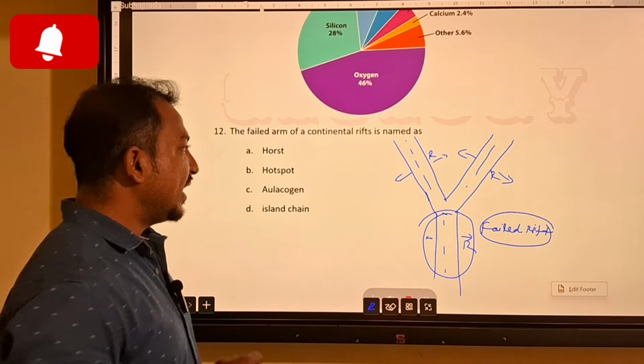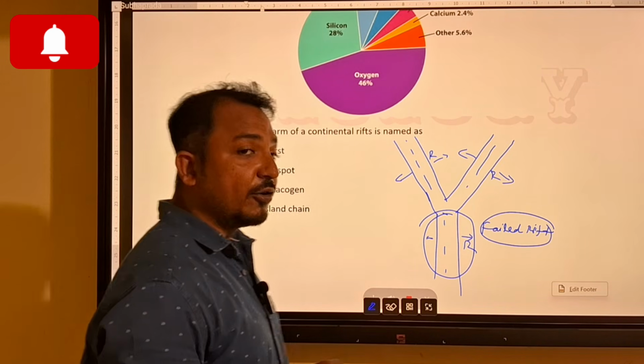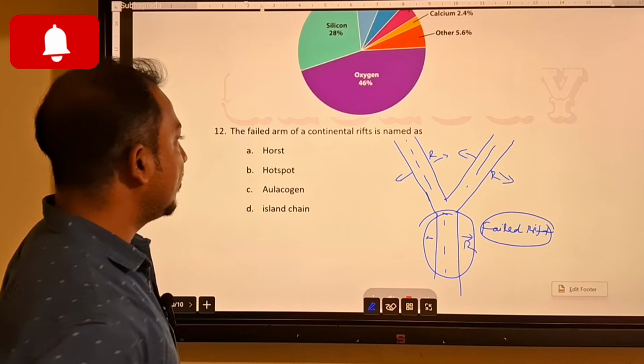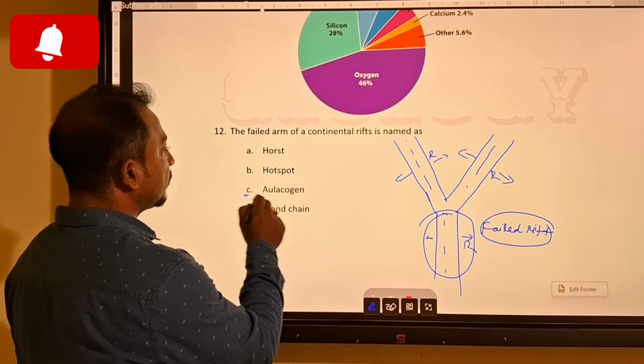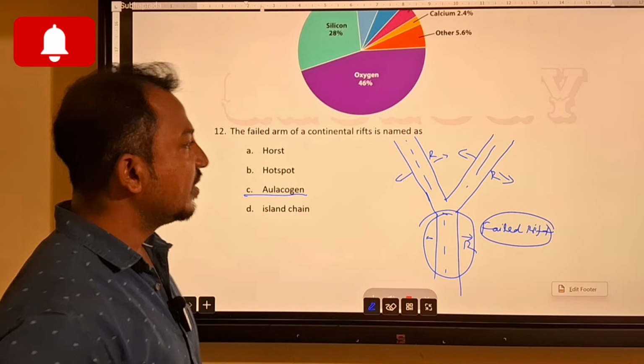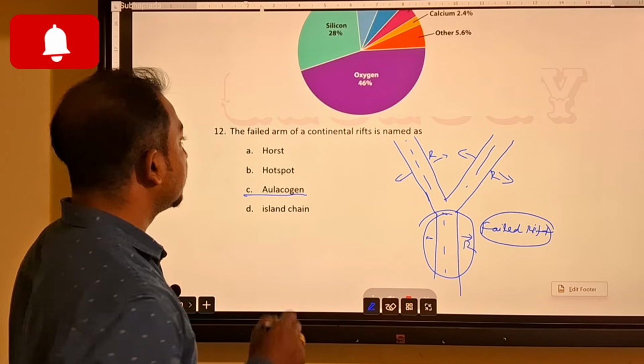That is your East African rift, which is a failed continental rift that occurs at a triple junction in the African plate. So that is called an aulacogen. This is called an aulacogen, the failed rift of a triple junction.